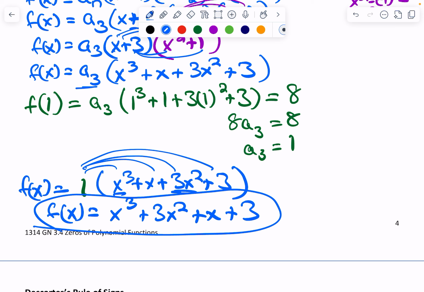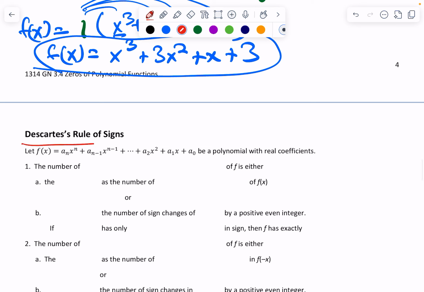Okay, next rule that we're going to look at is Descartes' rule of signs. Let f of x equal this polynomial be a polynomial with real coefficients.